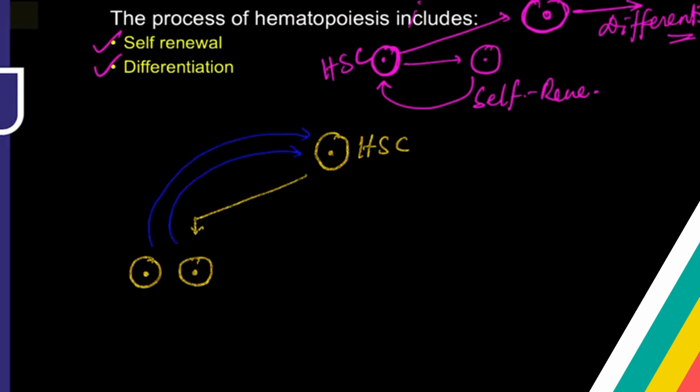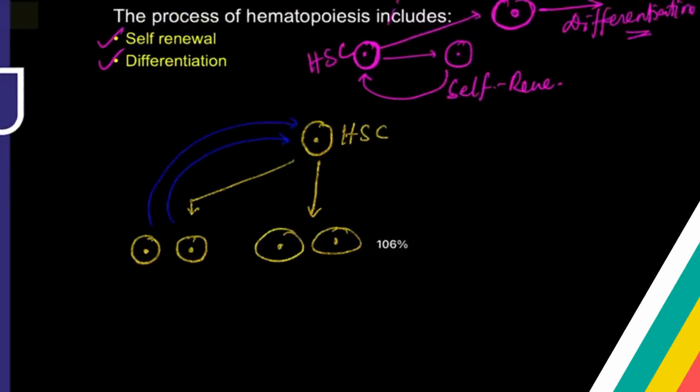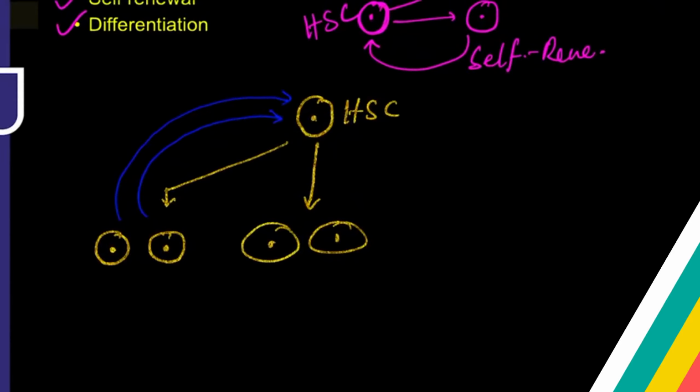In the second type of division, it can give rise to two cells. Both of these cells are different from the mother cell and they will follow a different path. This is known as the differentiation.